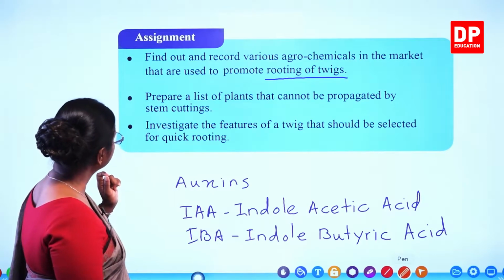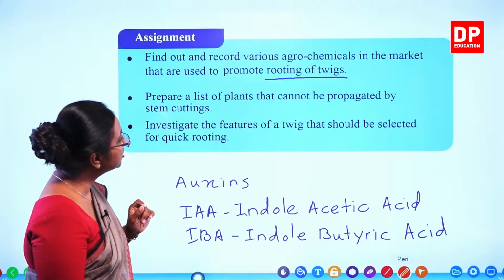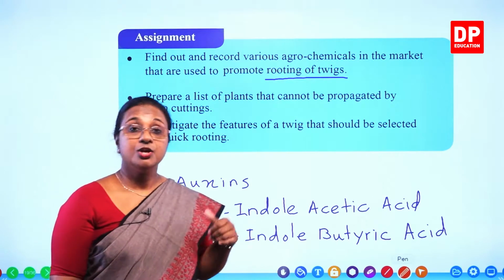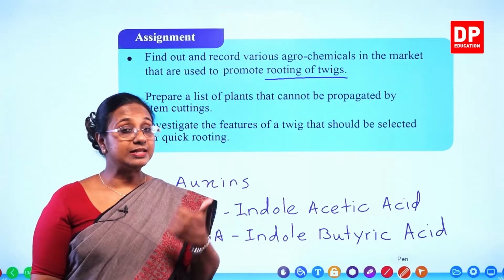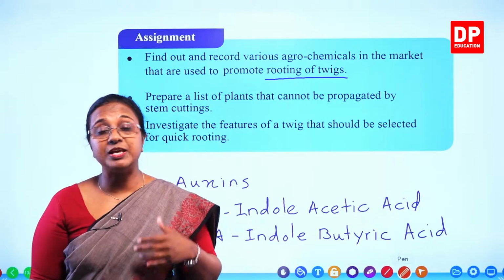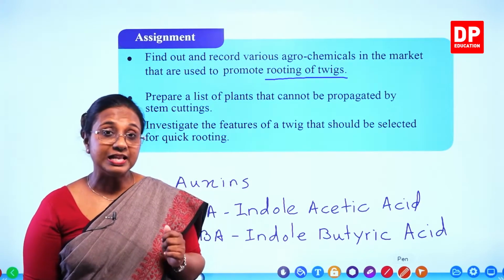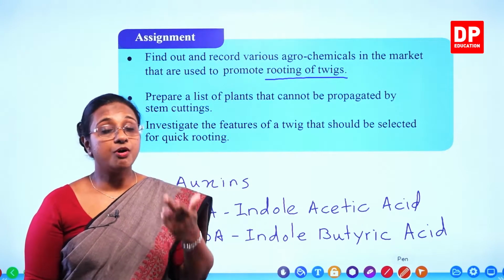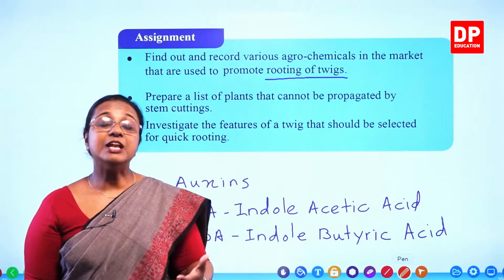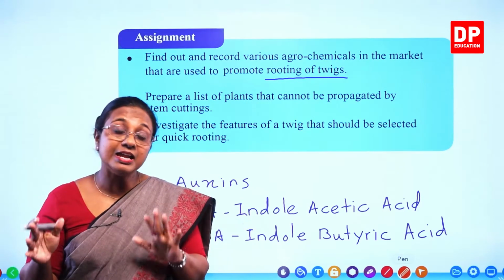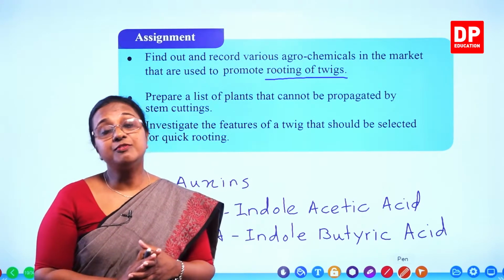Then we have the next one. Investigate the features of a twig that should be selected for quick rooting. So, as we discussed before, one thing, the twig has to be from a healthy plant so that the new offspring, the new plant will also be healthy. Then it should not bear tender leaves or fruits or flowers, because then of course it won't grow into a new plant in a healthy manner, and also already there are fruits and flowers.